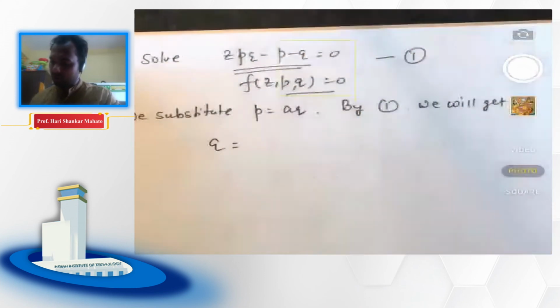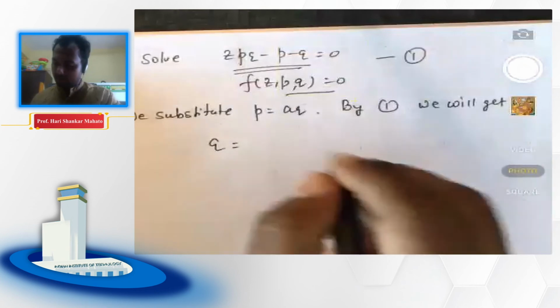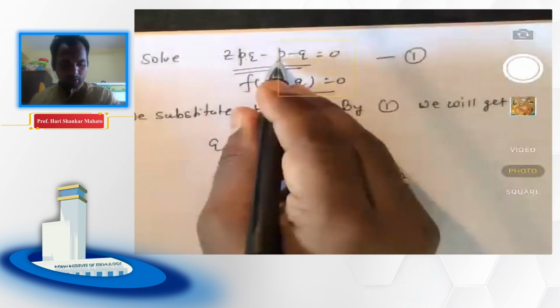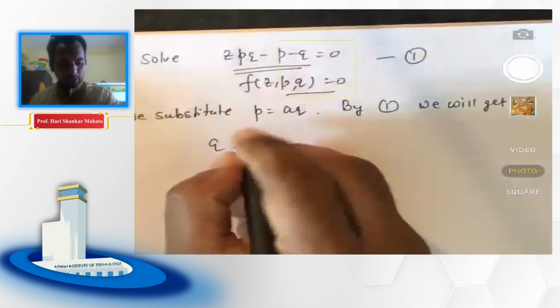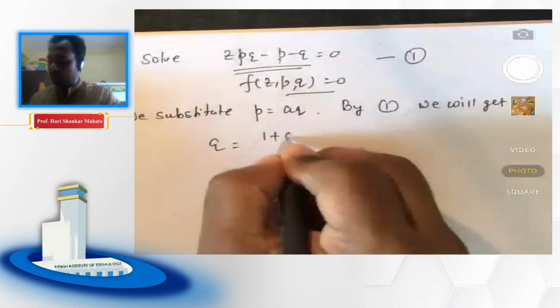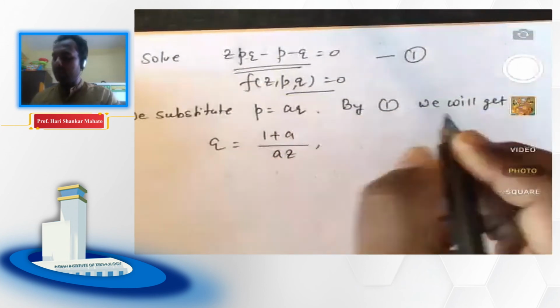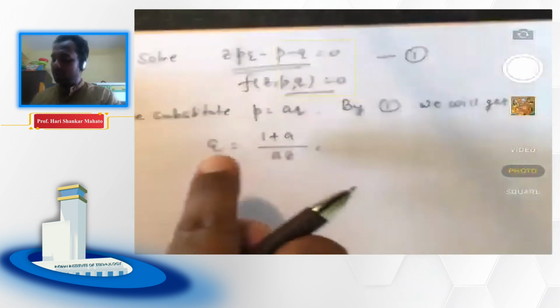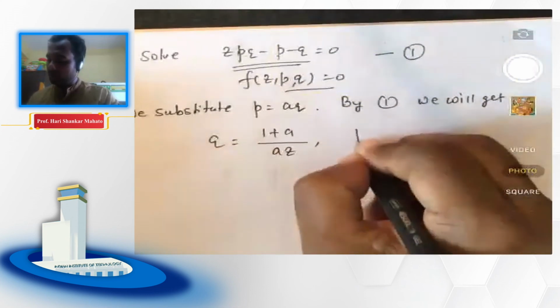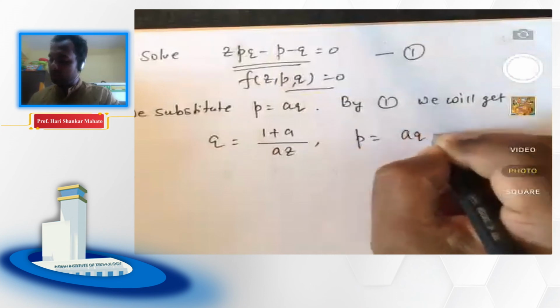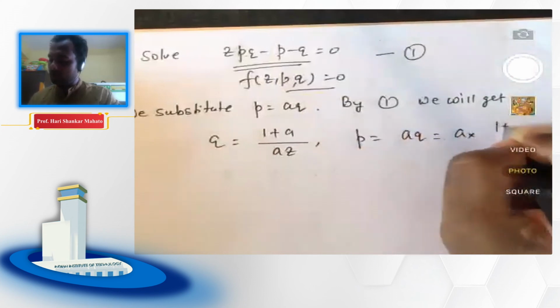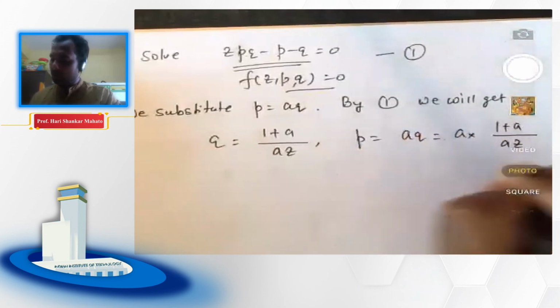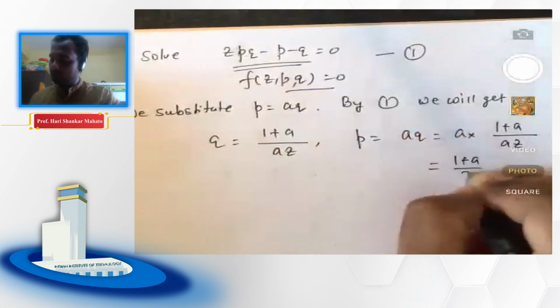So one q will get cancelled out, and we will get z a q minus a minus 1. So ultimately q will become (1 plus a) by (a z), where a is that arbitrary constant. Now we will use this q and find out p, so that p is (1 plus a) by z.